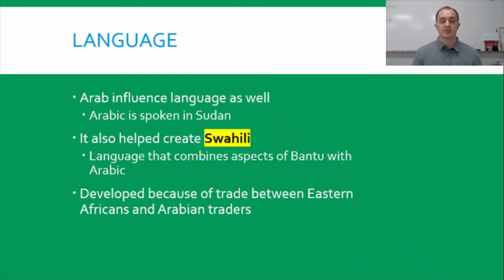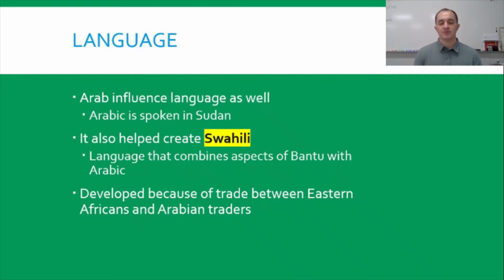Northern areas like Sudan speak majority Arabic because they are so close to the Arab world, and the mixture of Arabic and the Bantu language creates different languages like Swahili. Swahili is one of the largest and most spoken languages in this region of Southern and Eastern Africa, and it is a newer language that combines aspects of Bantu and Arabic.